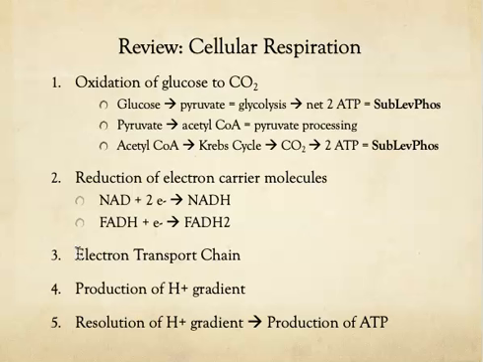The electrons are going to be stepped down the electron transport chain, which is made up of a series of proteins, and the energy from those electrons is going to be harvested. That energy will be used not to build a new molecule, but to build an ion gradient, a hydrogen ion gradient, in fact. The hydrogen ion gradient will then be allowed to resolve.